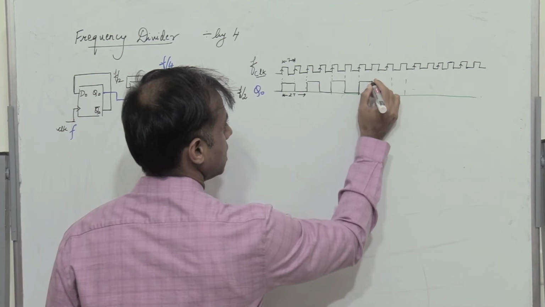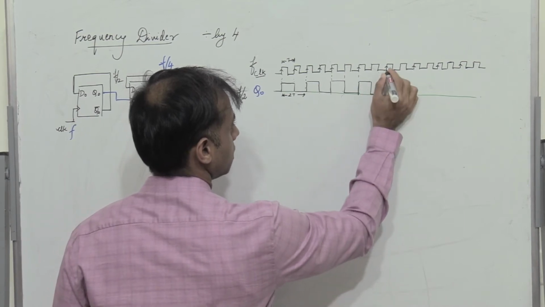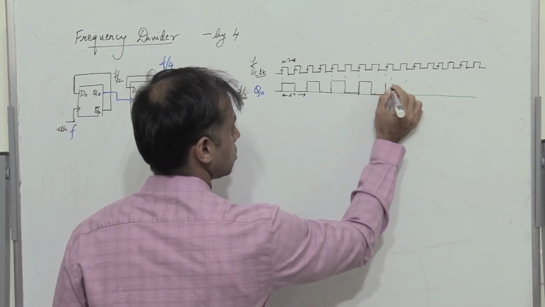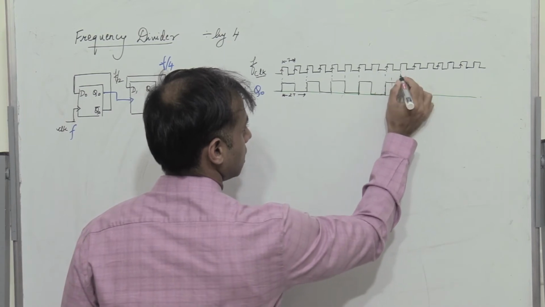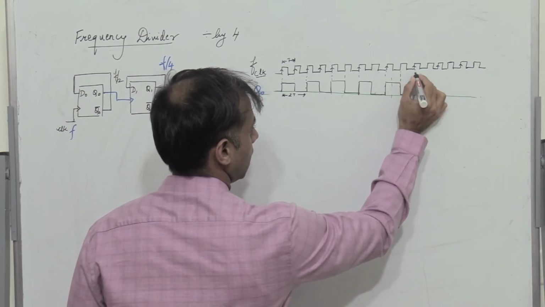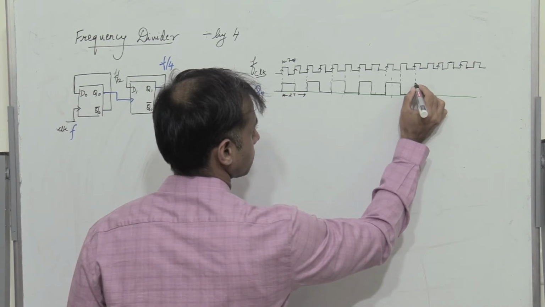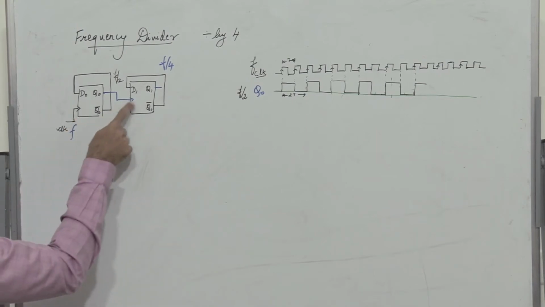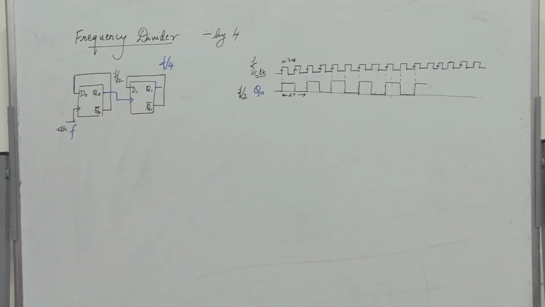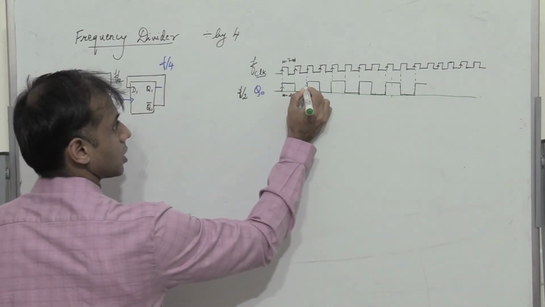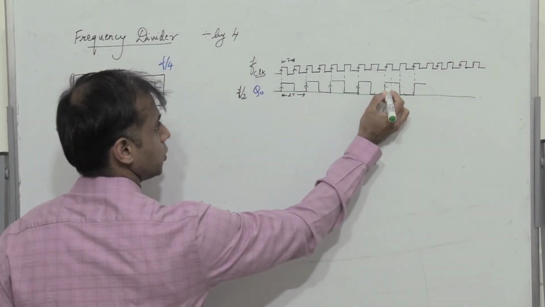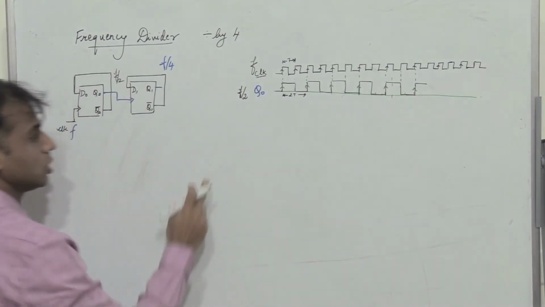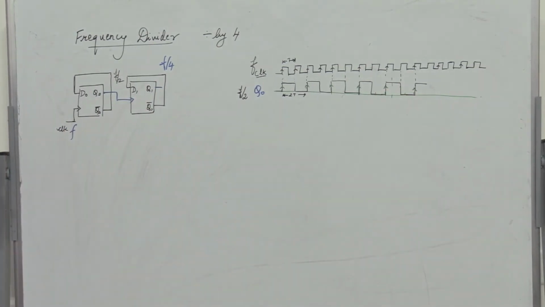So again at the rising edge it changes from 1 to 0, then again here from 0 to 1, and then again here from 1 to 0 and so on. So now what happens, this becomes the clock input to the next flip-flop. So now I need to take care of the rising edge of Q0. So this happens to be the rising edge of Q0. So at the rising edge, the second flip-flop gets triggered.